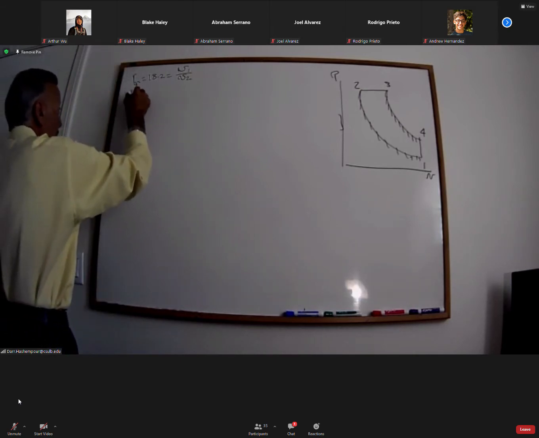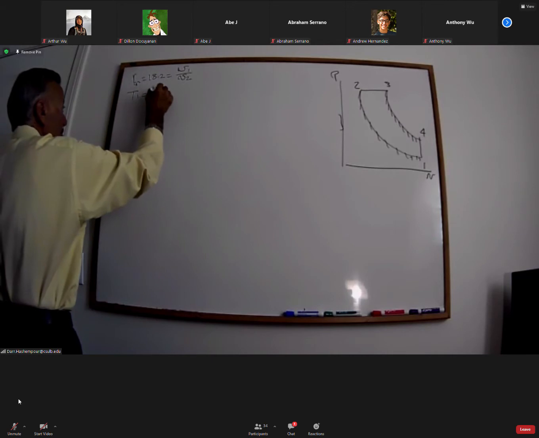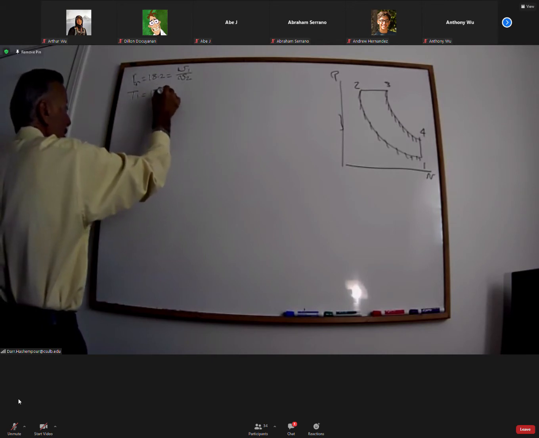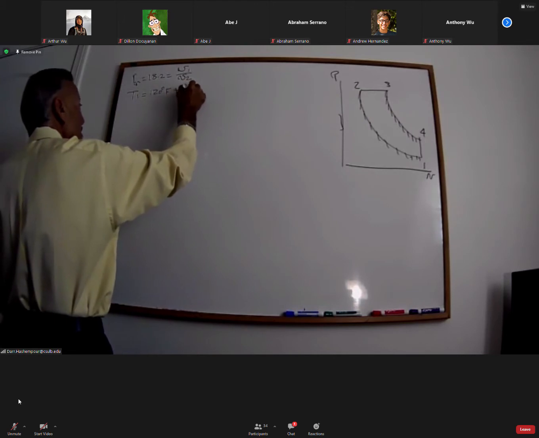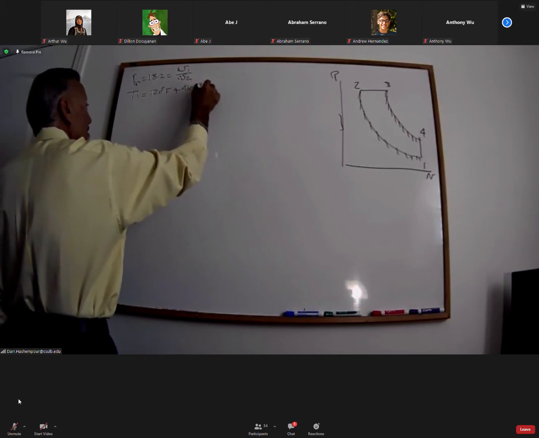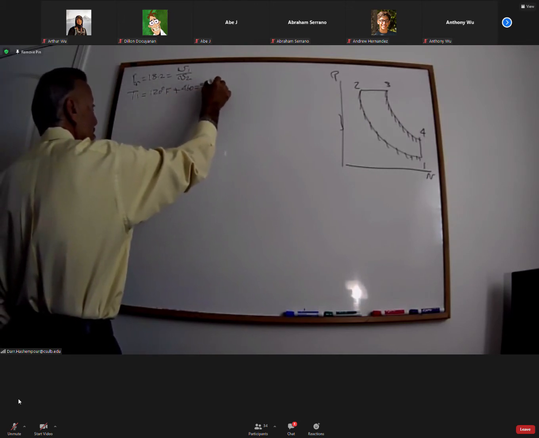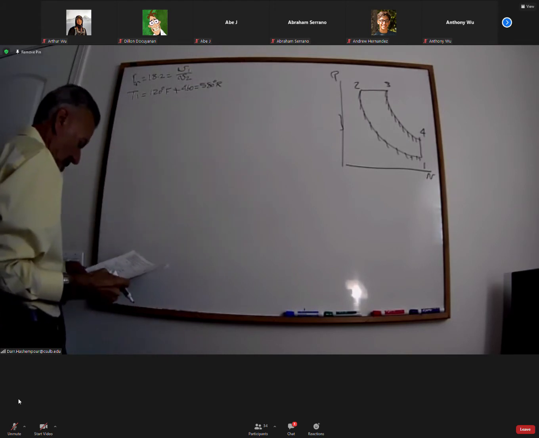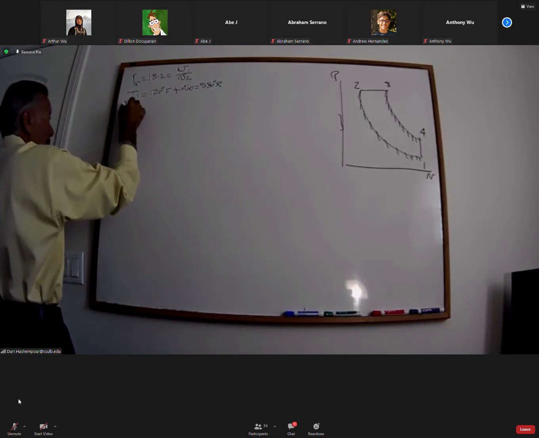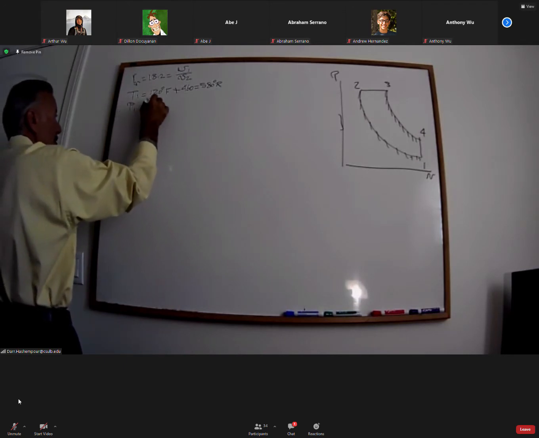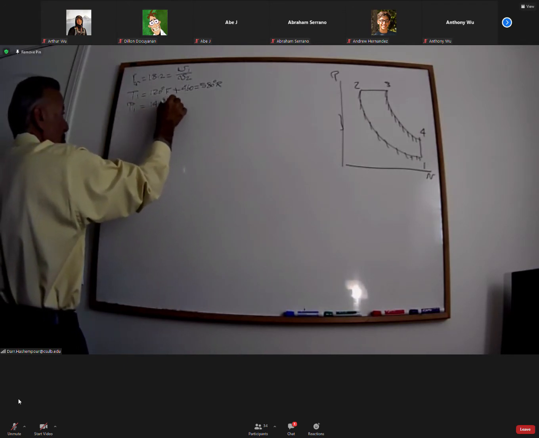That means T1 is equal to 120 degrees Fahrenheit. Again, plus 460, that will give me 580 degrees Rankine. And of course, the pressure is atmospheric pressure, which is 14.7 PSIA.